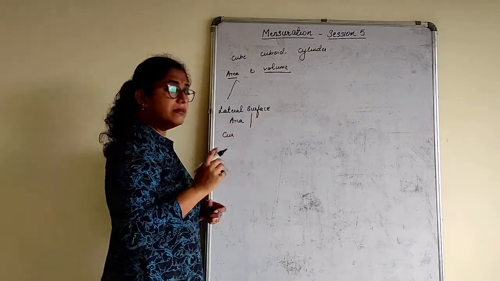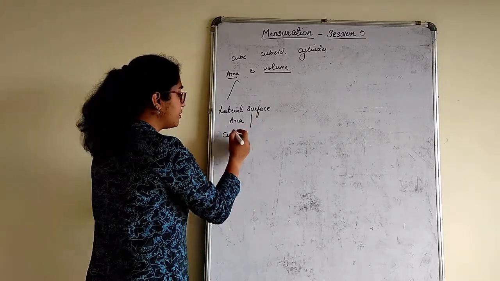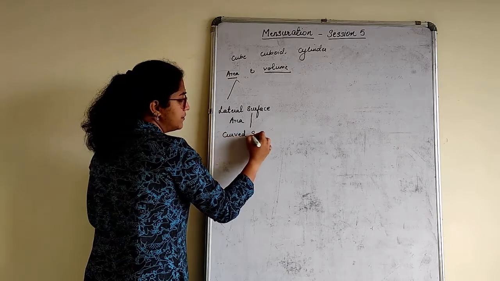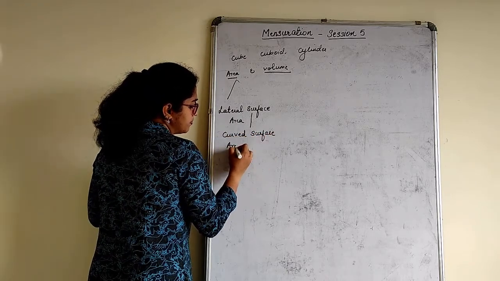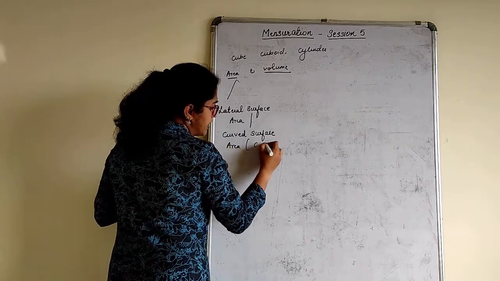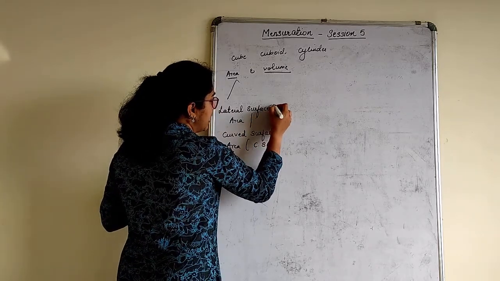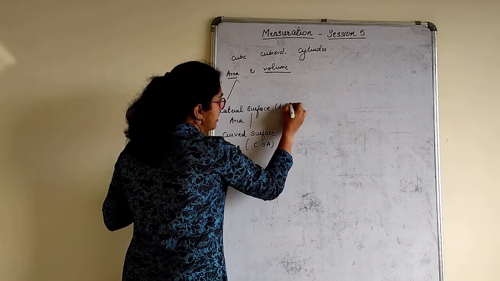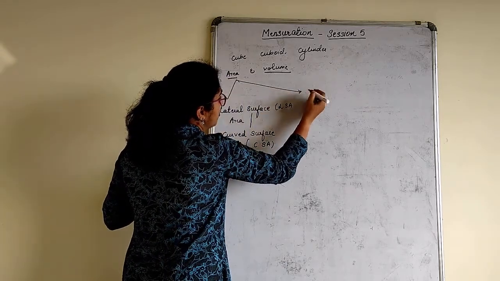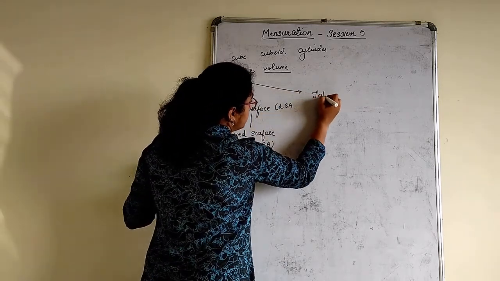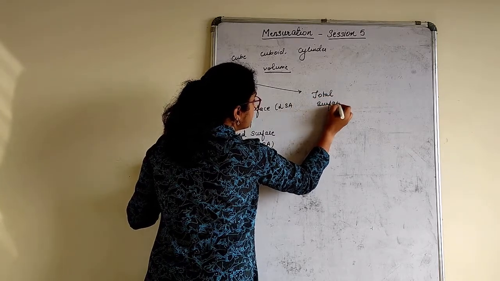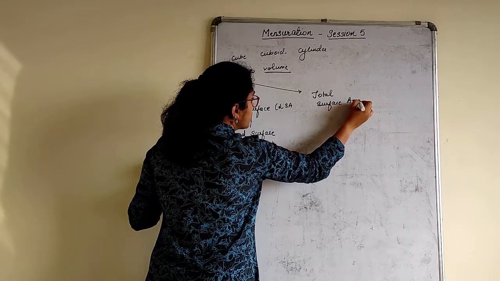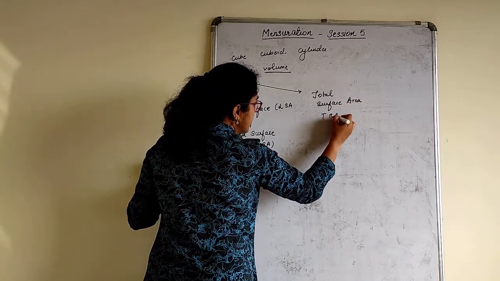You will understand the meaning of lateral and curved. In short, we write this as CSA, and this as LSA, and we also talk about total surface area, which is nothing but TSA.